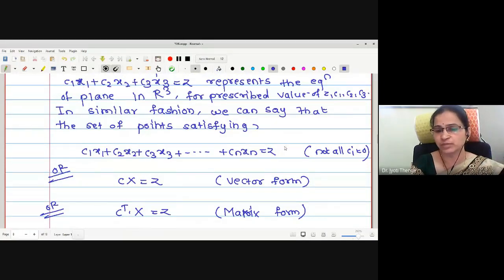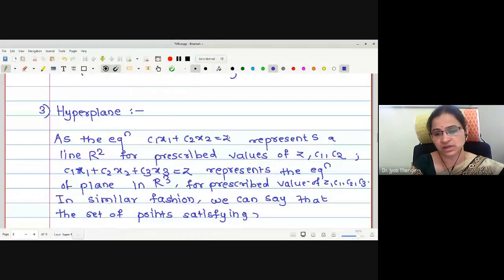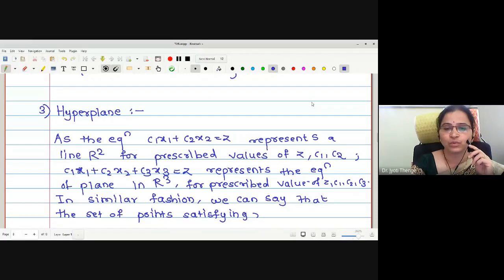Is everyone getting me? If I write different values of z, suppose in R2 itself, what will be the effect on the lines? Suppose I am writing the line x plus y is equal to 0 initially. Then I just change the right hand side. Where should I plot x plus y is equal to 0?